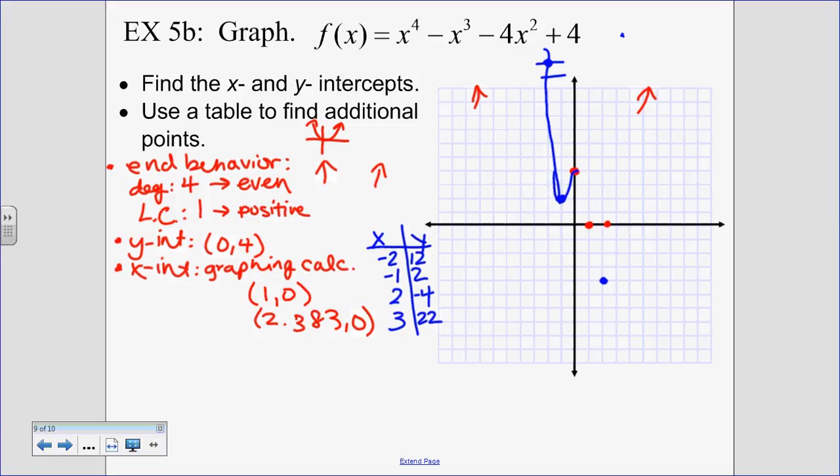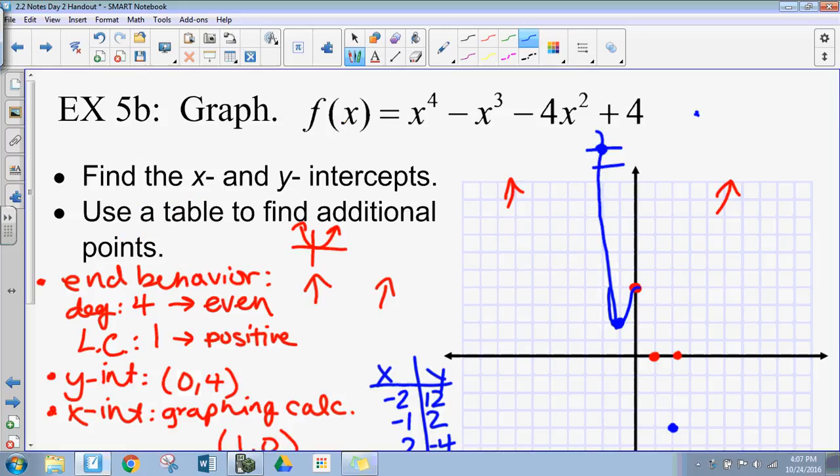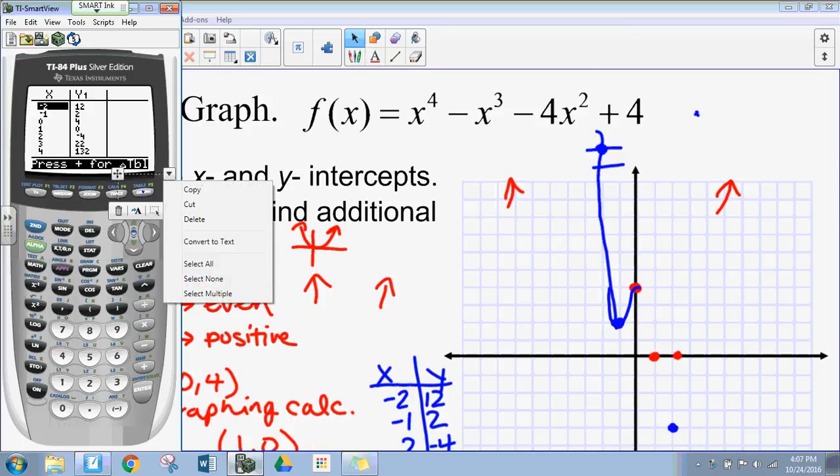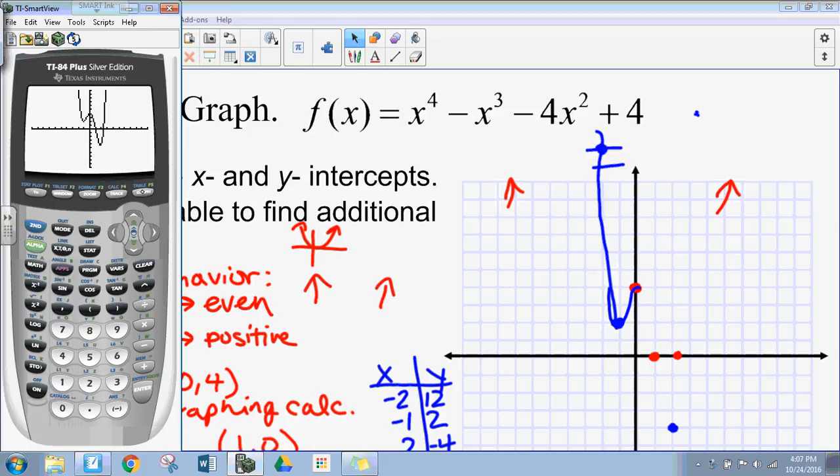If you look back at the graph, it kind of curves up. We go back to the graph that was on our calculator. This is what it looked like. So we're kind of trying to sketch that same thing.